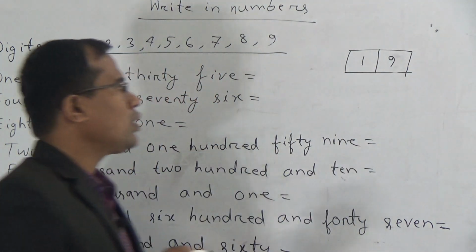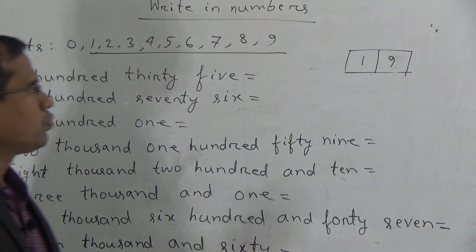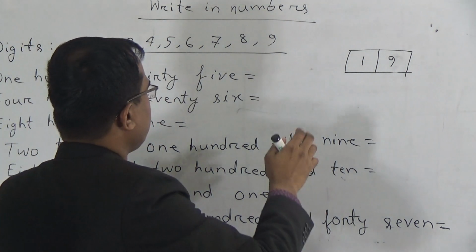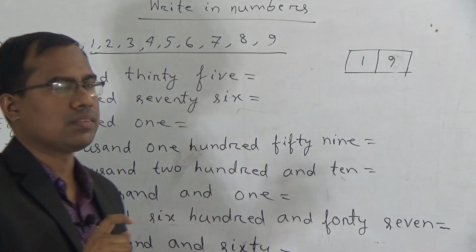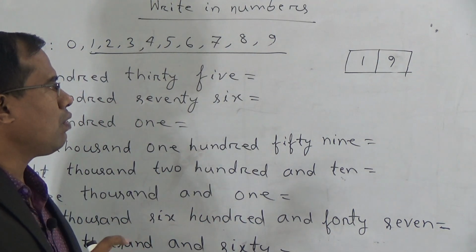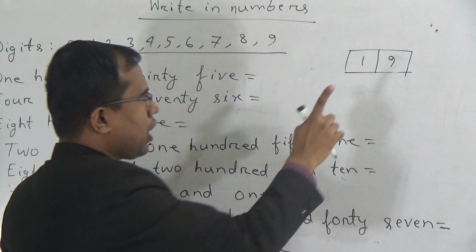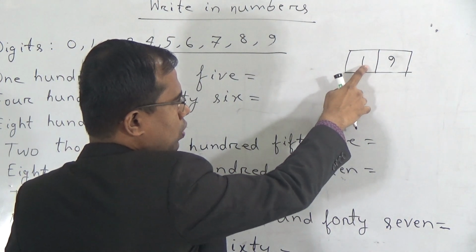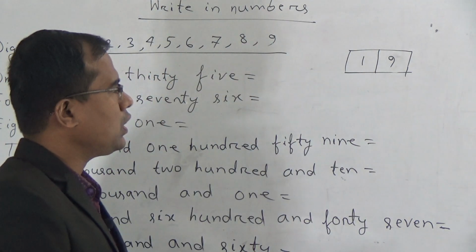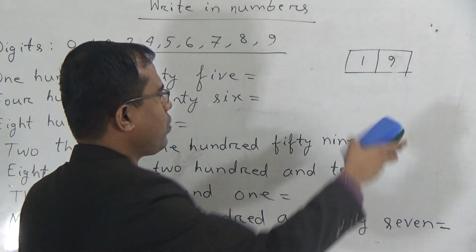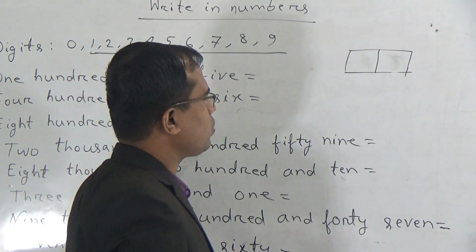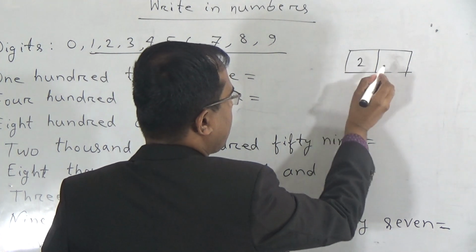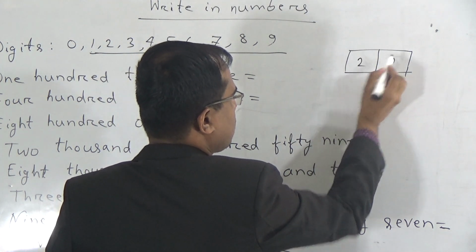Now, if we want to write 20, we have no other digit which is greater than 9. So, what can we do now? We have to change the digit of tens place. That means instead of 1, now we have to write 2 here. In tens place we have to write 2, and in ones place we have to write 0.